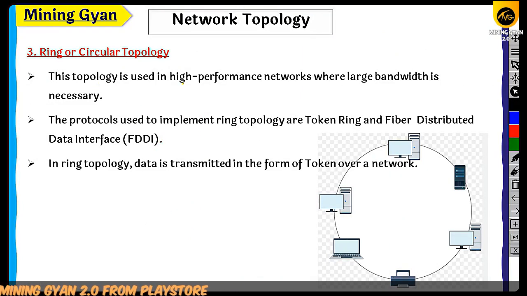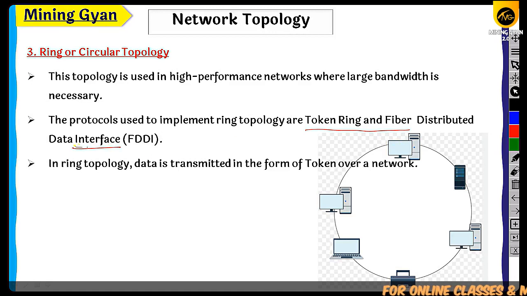The next one is the ring or circular topology. This topology is used in high performance networks where large bandwidth is necessary. The protocols used to implement ring topology are token ring and fiber distributed data interface. So basically this is called FDDI, fiber distributed data interface. In ring topology, data is transmitted in the form of a token over a network.